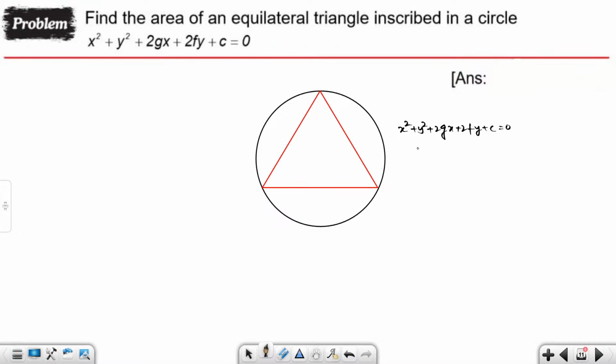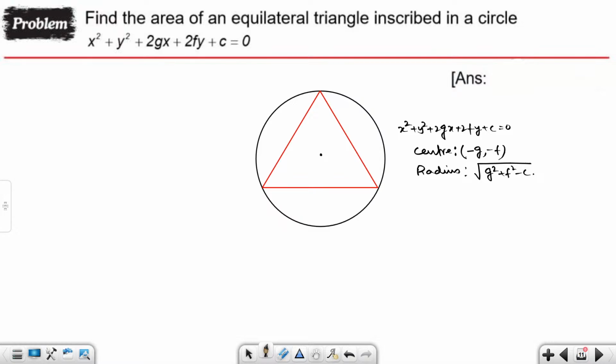So from here we can say that my center is at (minus g, minus f), and its radius is root over g square plus f square minus c. Okay, let us consider this is the center.